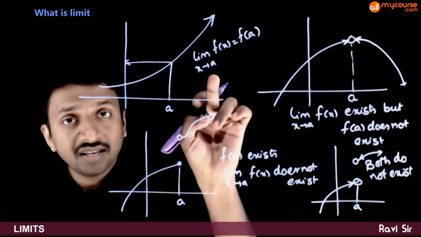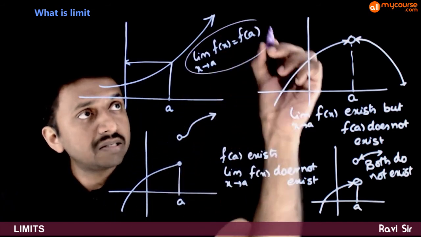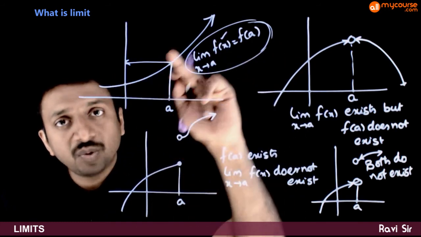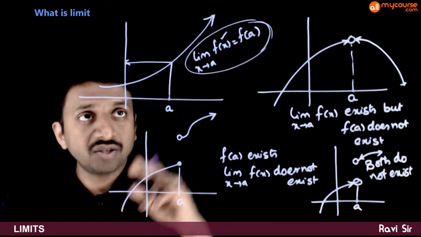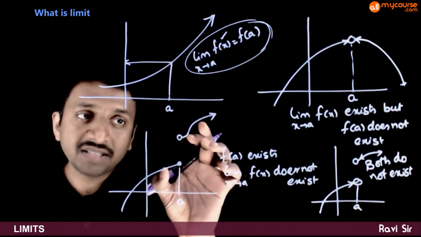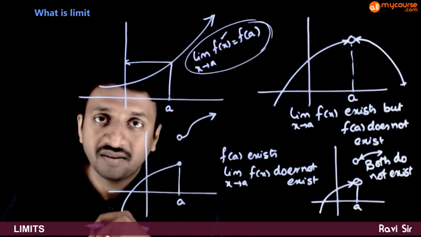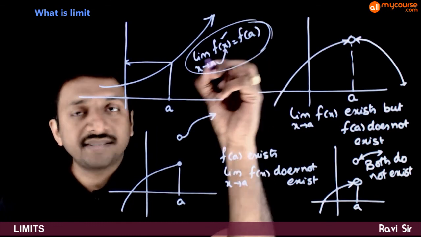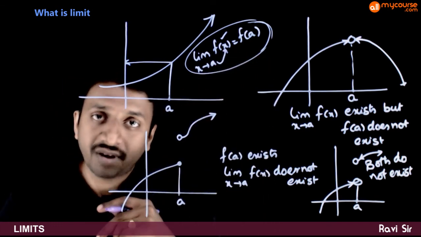And this becomes very important because when the given function has a smooth graph, has no problems of undefinedness or piecewiseness, then if you want to find the limit, you can directly put x equal to a in the function.